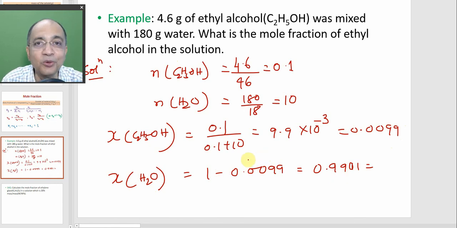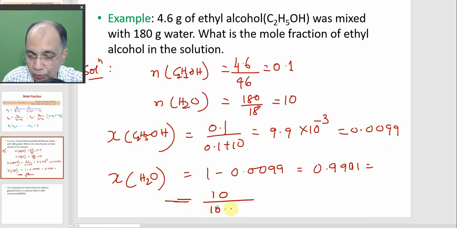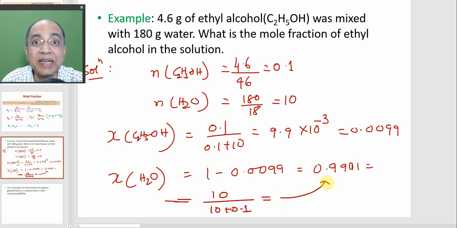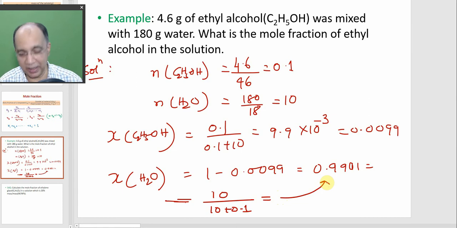Or if you be a little foolish, then you can also find it as the number of moles of water divided by the total number of moles of the two components. So that will also be equal to the same value. 10 by 10.1 will be 0.9901, any manner.